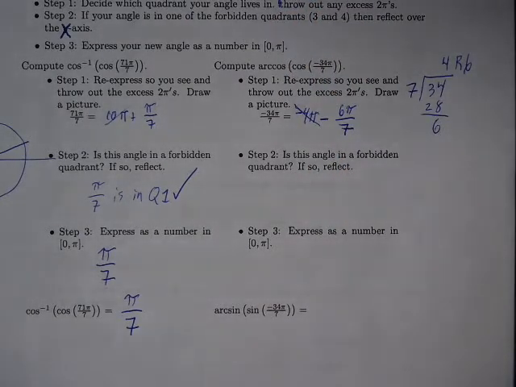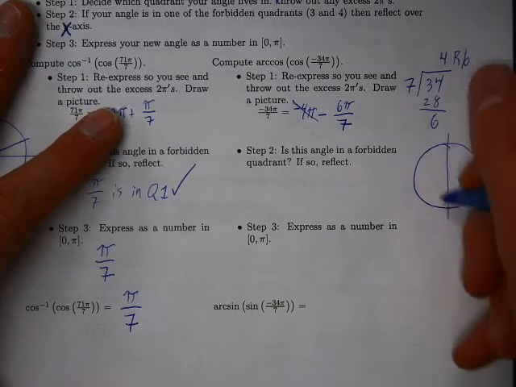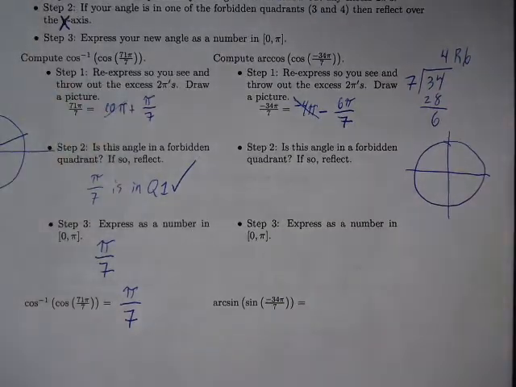Now let's draw an angle of negative 6 pi over 7. So let's see, that means I should start rotating down by an angle of 6 pi over 7. What quadrant will that put me in? Quadrant 3, yeah. Because 6 pi over 7, well, let's say it's bigger than pi over 2.